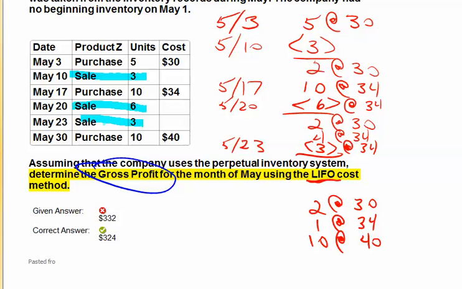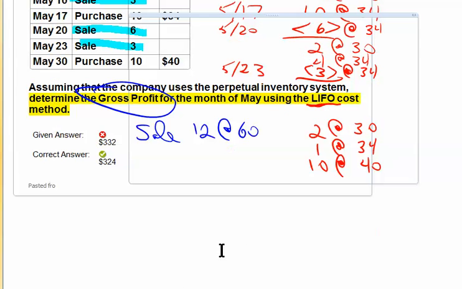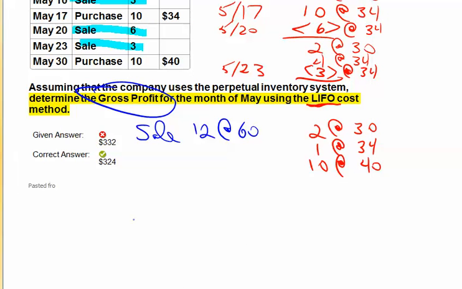So 3, 6, that's 9, and 3 more is 12 at $60. So my sales would total 60 times 12, which is $720.